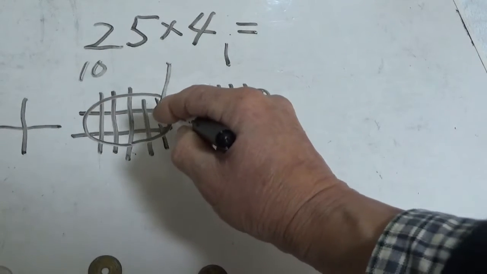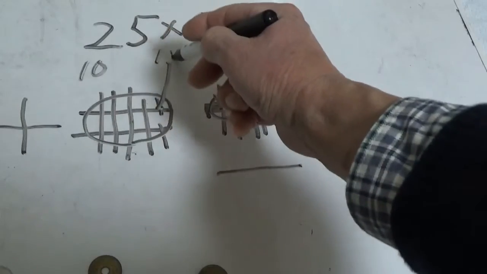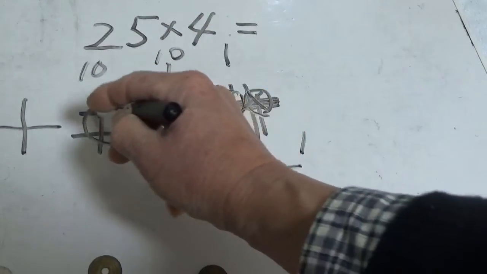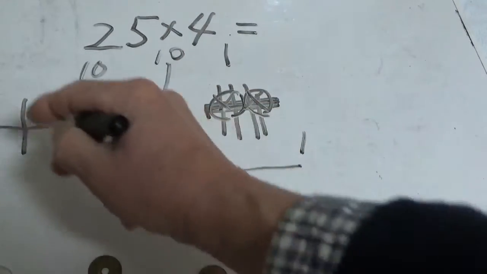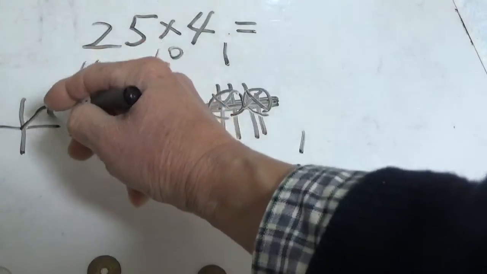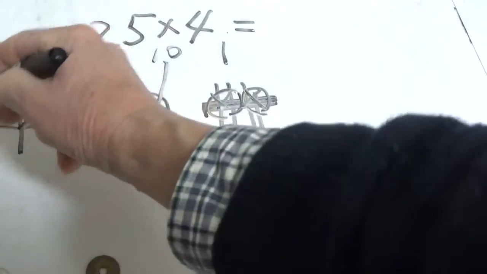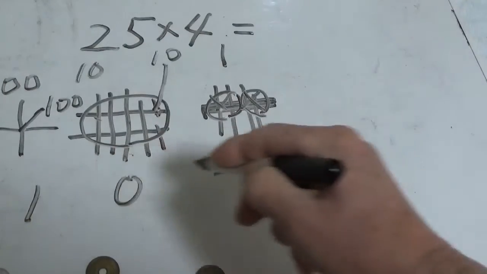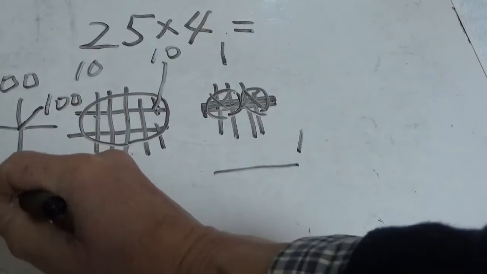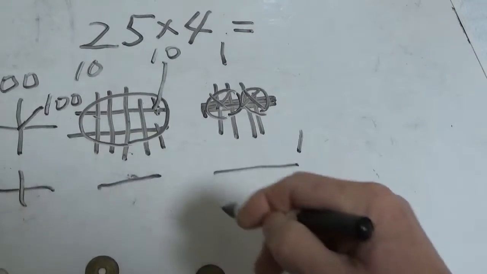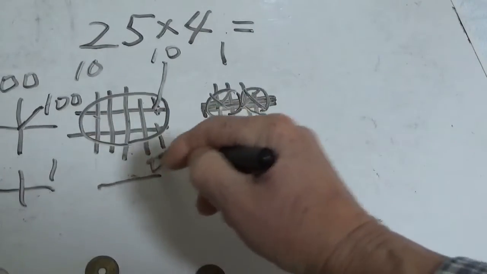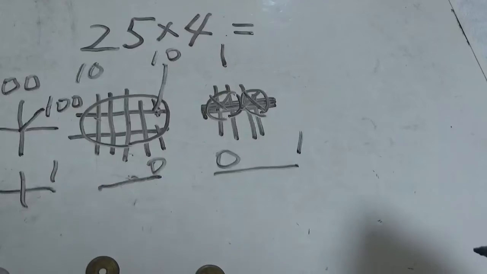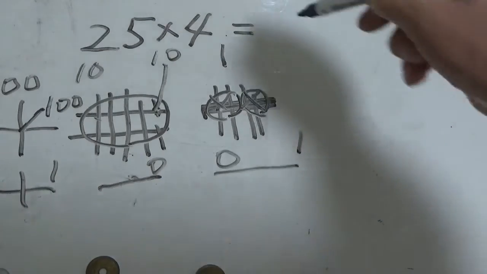So this 1 point is 10. So it is 50 plus 50 is 100. So that is 100.